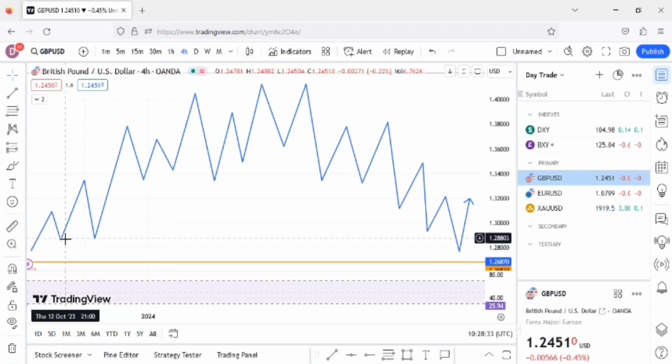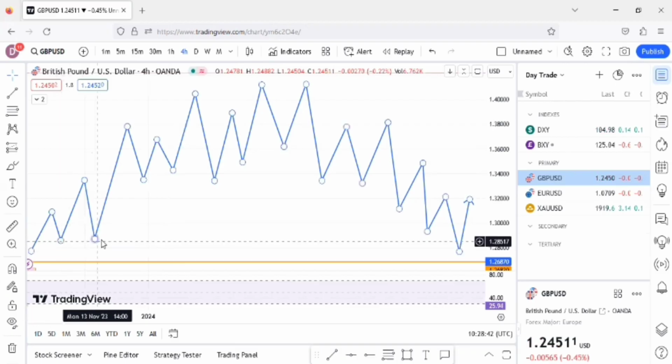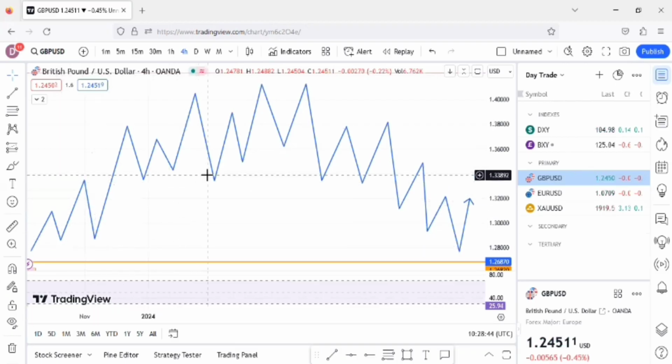So you buy at a demand. These are the demand that you are looking at here. This is a demand, and so on and so forth. So you buy at a demand and you sell at a supply.